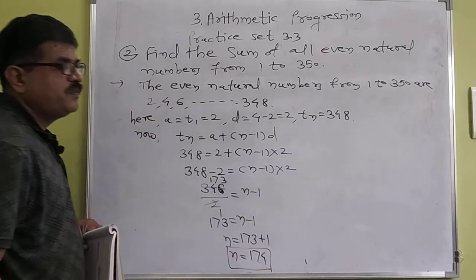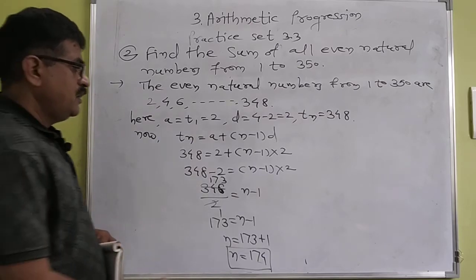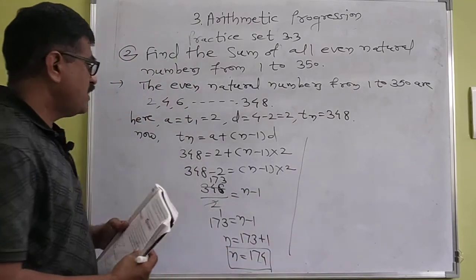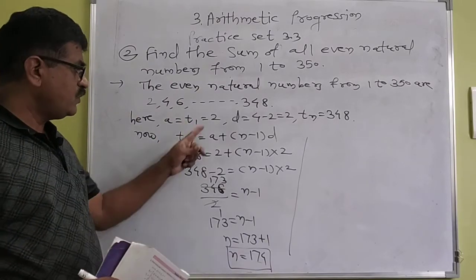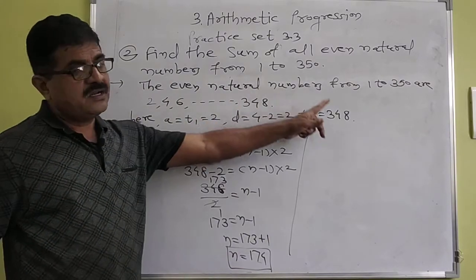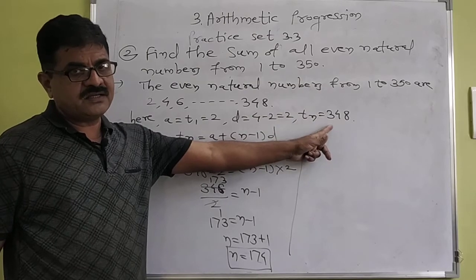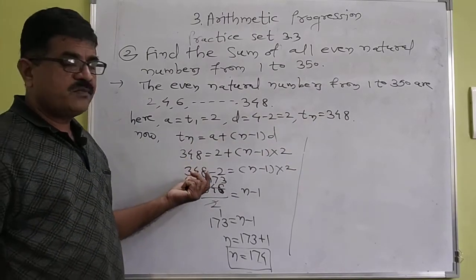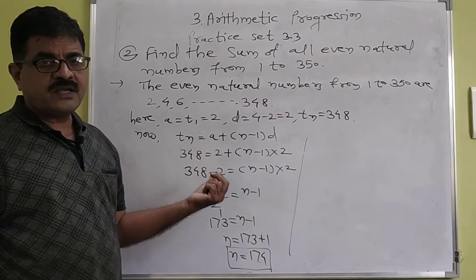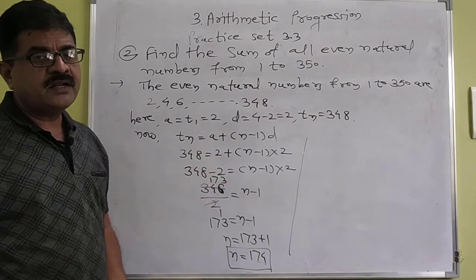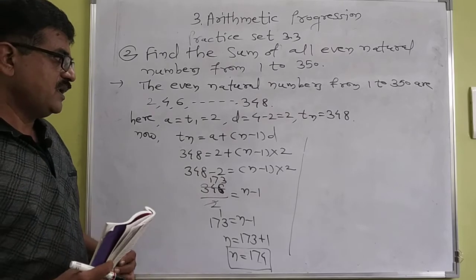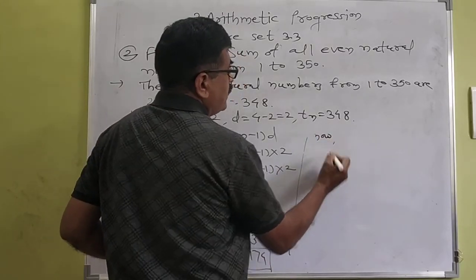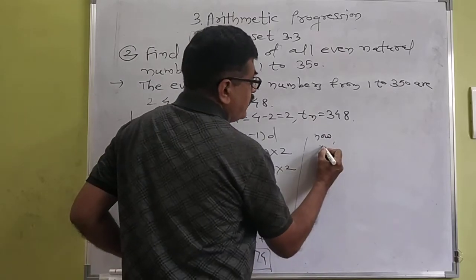This is the first step. Now here the first term T1 is given and the last term, that is the nth term, is given. Then we can use the formula Sn is equal to n upon 2 into bracket T1 plus Tn. Now write down the formula.